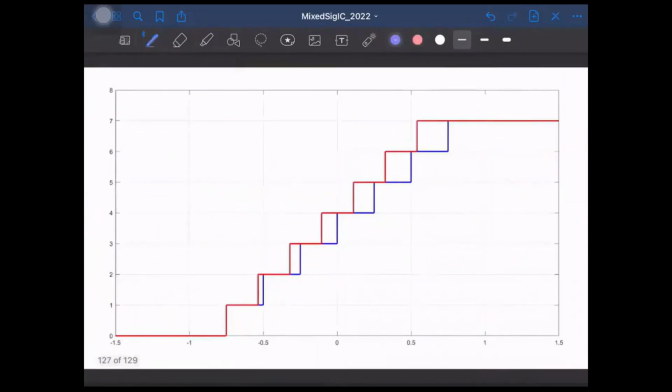The other kind of error we can get is the following, where the step size for all the codes, that is delta 1, delta 2, everything, is equal and equal to some value delta hat. But this delta hat is not equal to the ideal step size delta. Okay, so here you can see that the ideal step size is this much. But in the red characteristic, the step size is only so much.